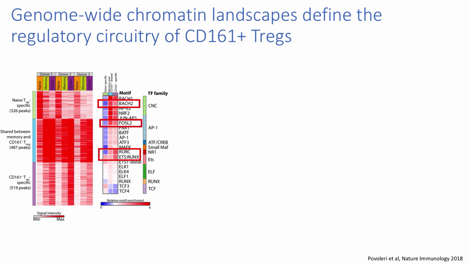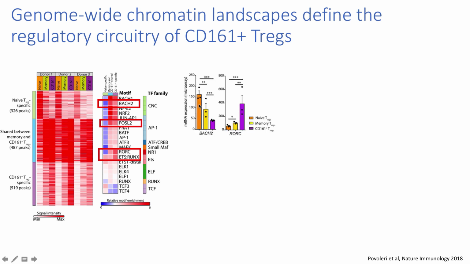And we found, interestingly enough, that apart from the high expression of ROR-C, which is obviously upstream of the expression of CD161, there was an enrichment for the motifs for BACH2 within the CD161 positive Tregs.